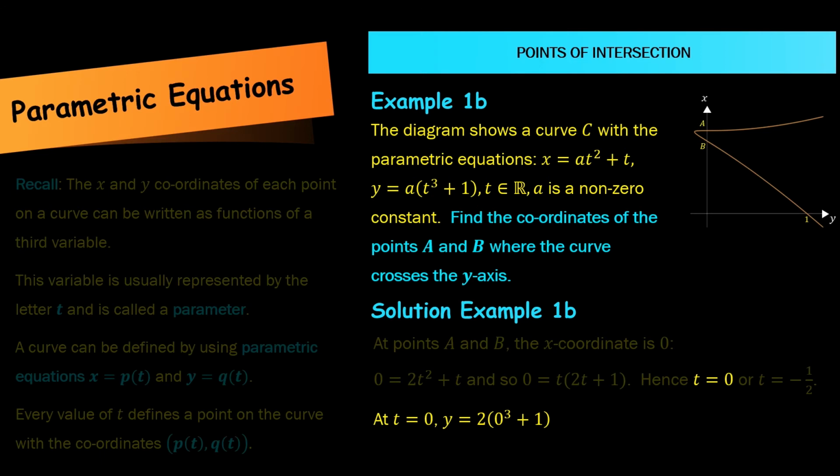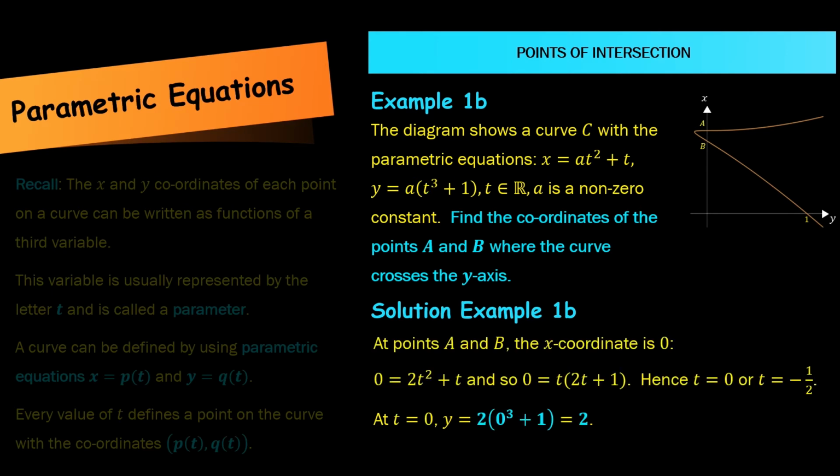Now at t equals 0, if we plug this in to the equation for y equals 2 times t cubed plus 1, we obtain y equals 2 times 0 cubed plus 1, which is equal to 2.